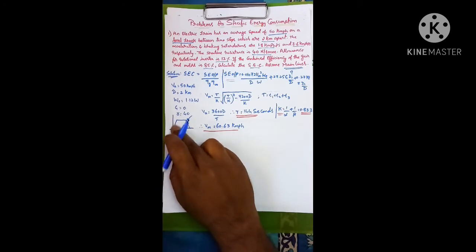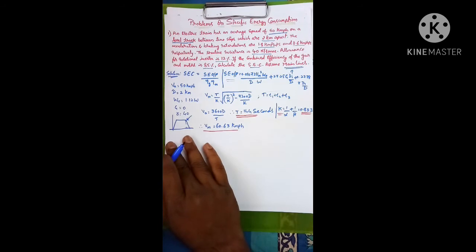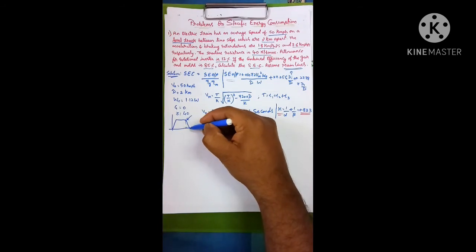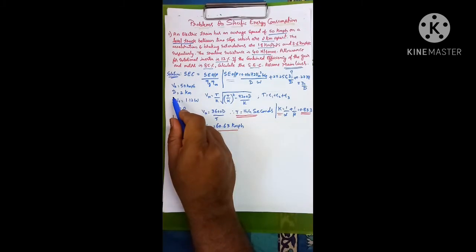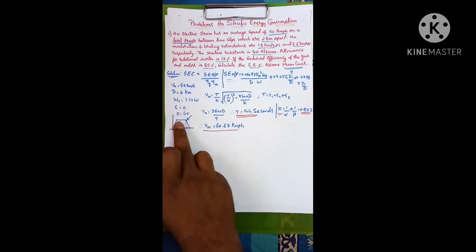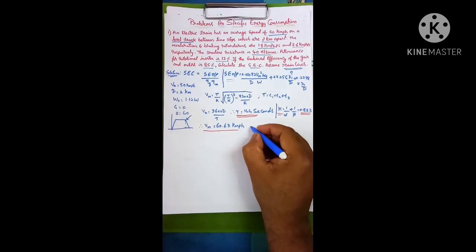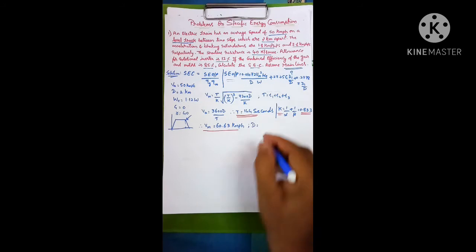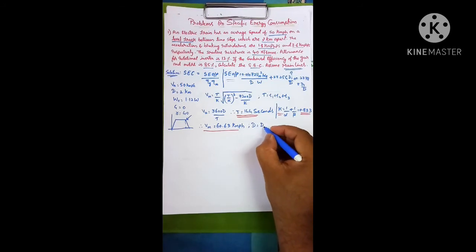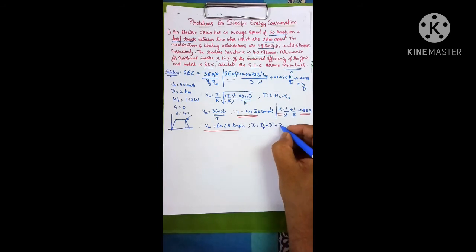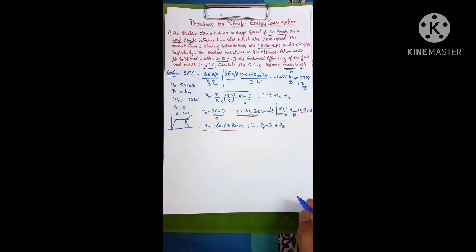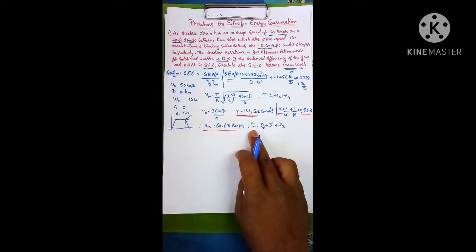We don't know the distance of these two, but by looking at this picture we can say that if you identify the distance of the braking period, the braking retardation, and we know the total distance, then I can find the distance of these two. I can write the condition like this: the total distance is the distance traveled during acceleration, taken as D dash, plus the distance traveled during free run, D double dash, plus the distance traveled during braking.